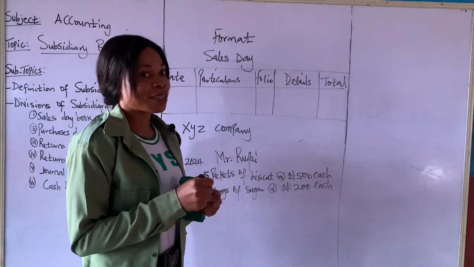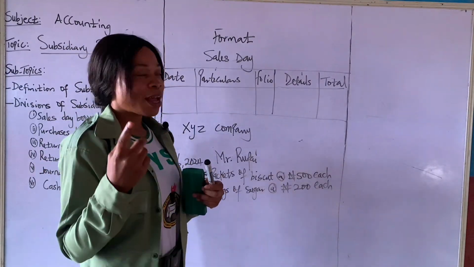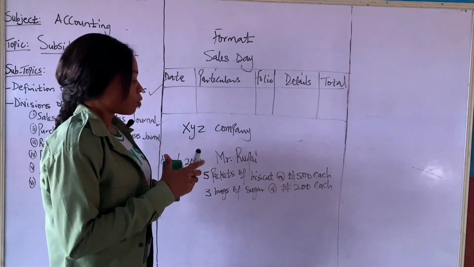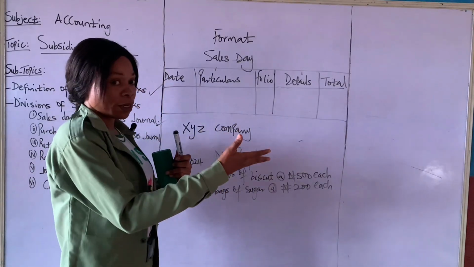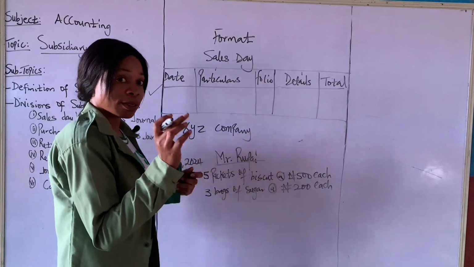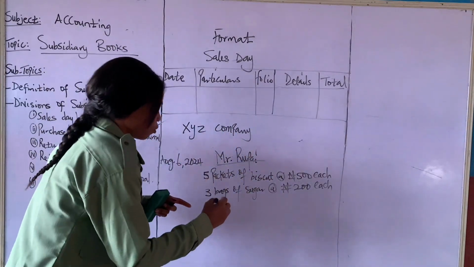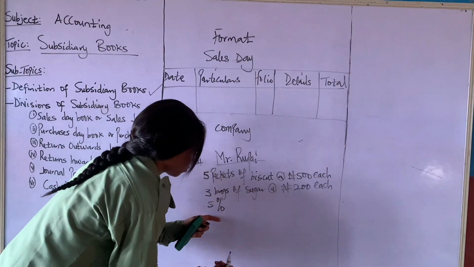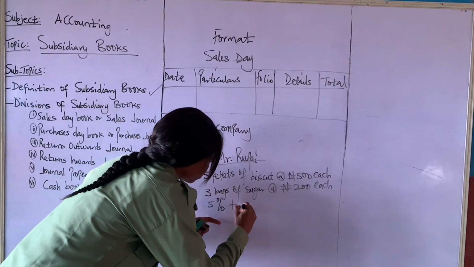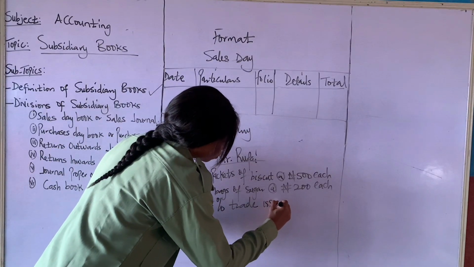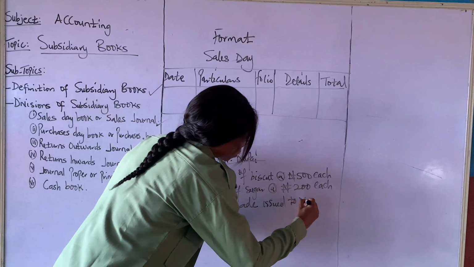Remember, we said that discount comes in 2 ways: the trade discount and the cash discount. So let's say XYZ company decided to grant Mr. Rufai a trade discount of 5%.